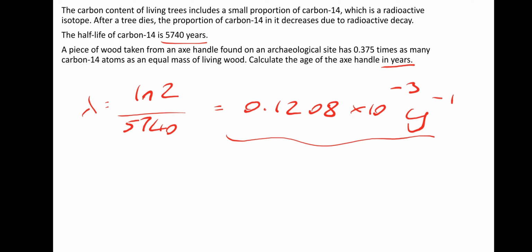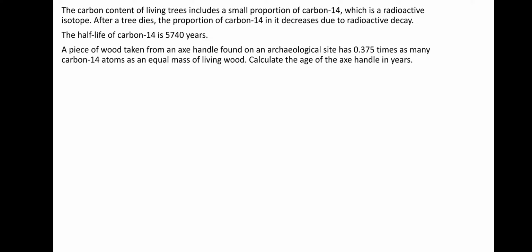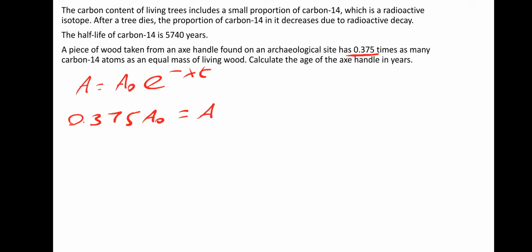Then we need to use the exponential equation. So activity is equal to the initial activity times e to the minus lambda t. The activity is 0.375 times the initial activity, so we can write 0.375 times the initial activity equals A0 e to the minus lambda t. So the A0's cancel.